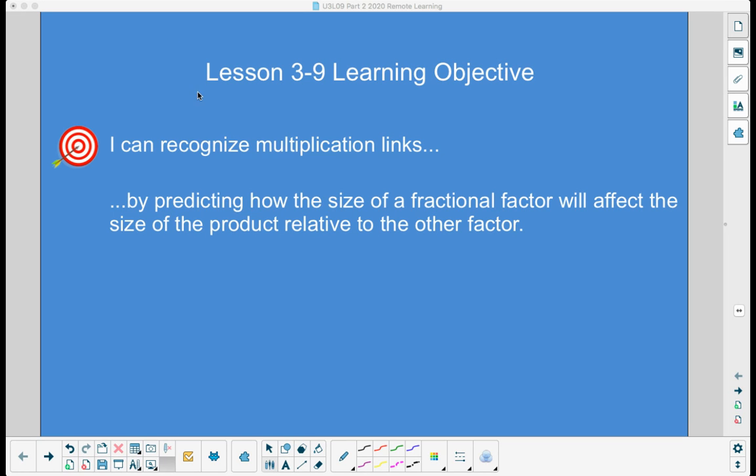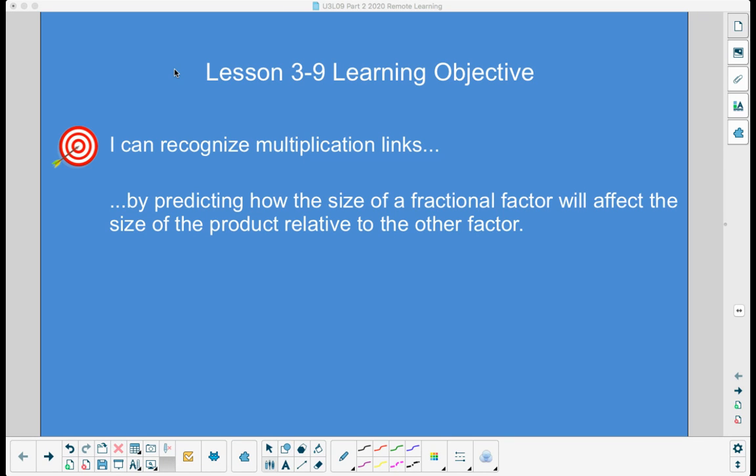We are working on the target: I can recognize multiplication links. Something really important to know about multiplying with fractions is that when you multiply a fraction by a fraction less than 1, your product will be less than your original fraction.